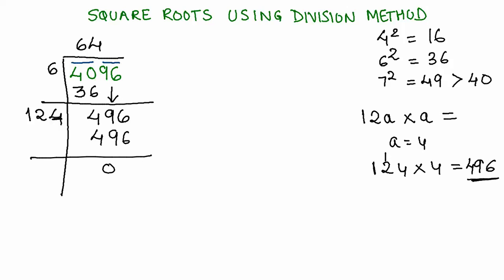So in this case, we can say that the square root of 4096 is 64. So that was another example of finding the square root of a number using the division method.